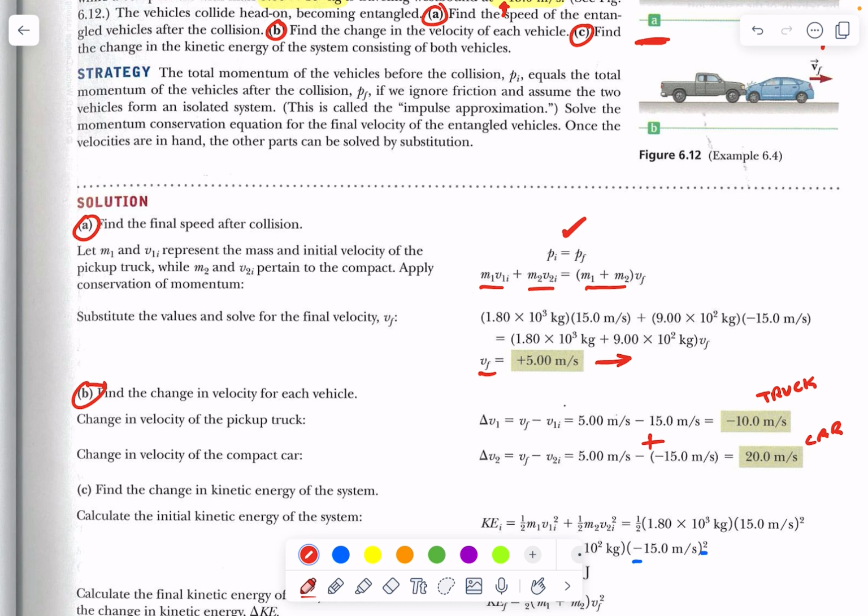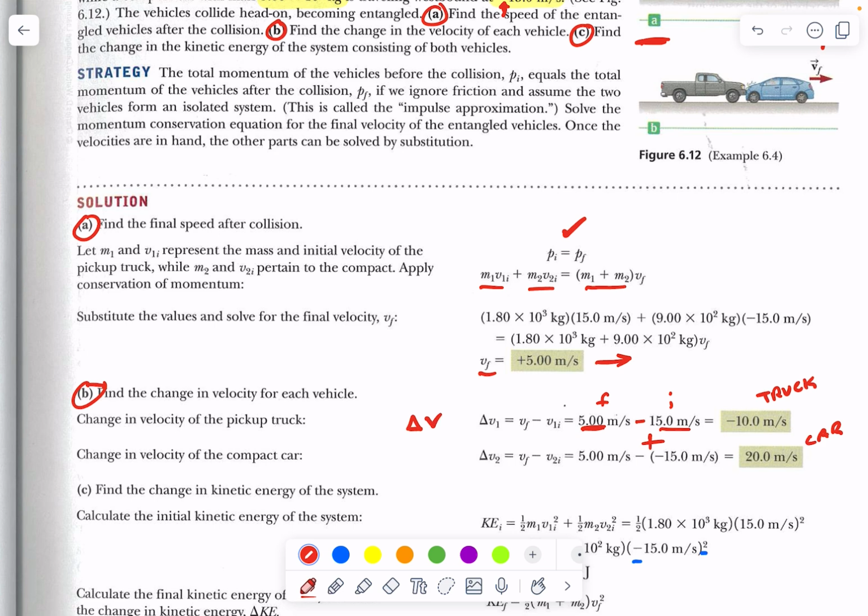Now when we go to part B of the problem to find the change in velocity, for my truck, my original speed was in the positive direction, right here, and my final speed, so this is my final minus my initial. The negative sign is not the result of going left or right. The negative sign here means that we're doing final minus initial to get my change in velocity.